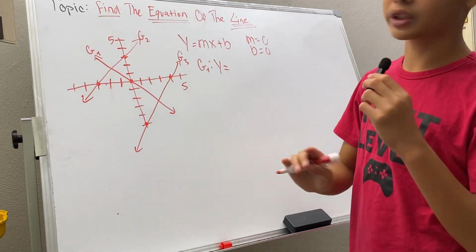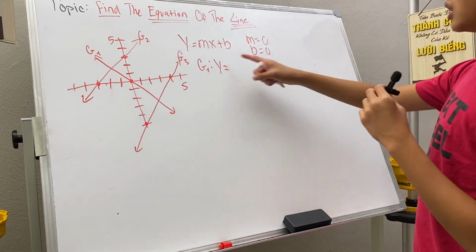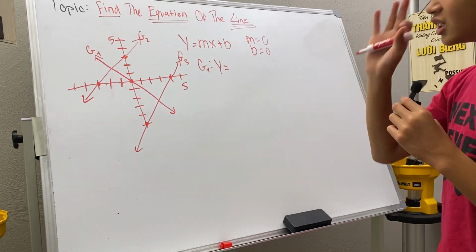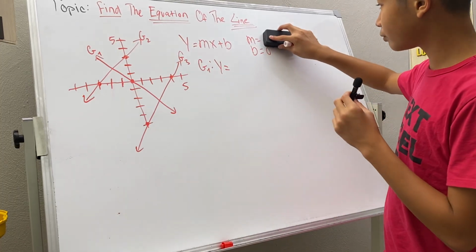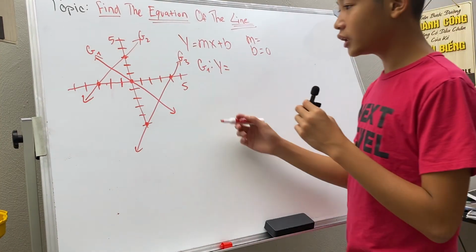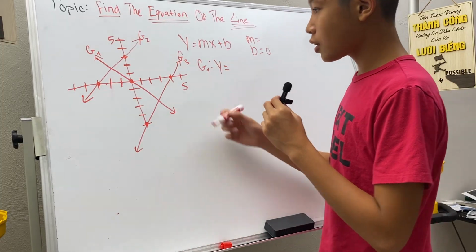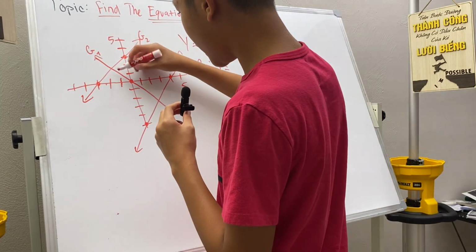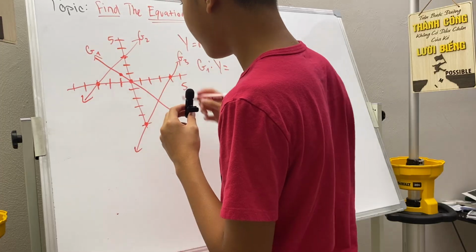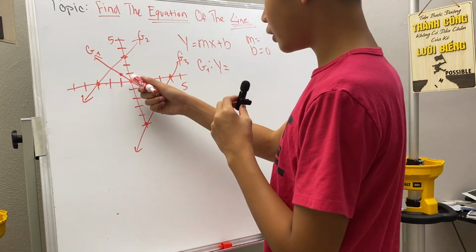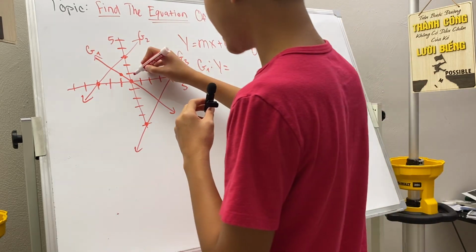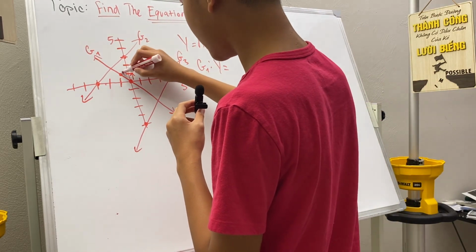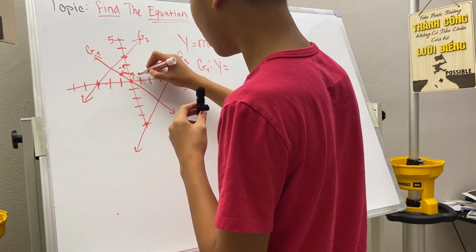No, it's not 0, because this graph is definitely not flat. Let's do a little more work. To get from this point to this point, we can say you rise up 1 and go over -1.